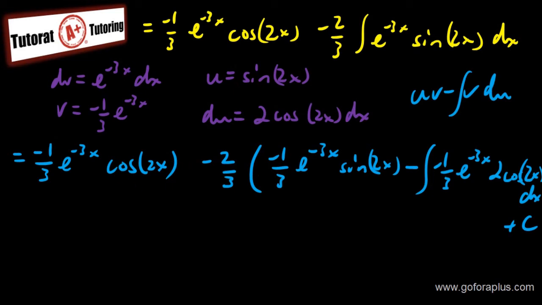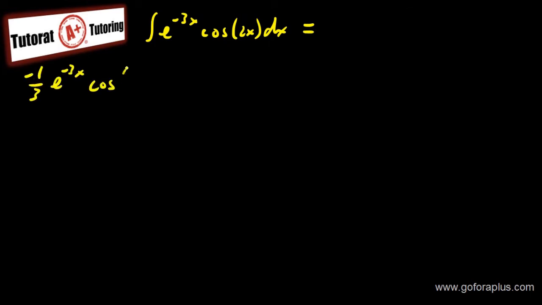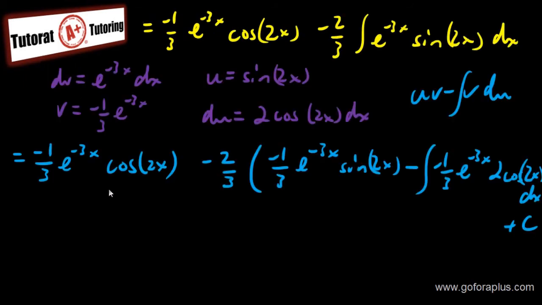Okay, so I want to simplify this. Minus minus becomes a plus. I want to multiply this minus 2/3 as well. Okay, so my question here is basically integral e to the minus 3x cos of 2x dx. This is equals to minus 1/3 e to the minus 3x cos of 2x, right?